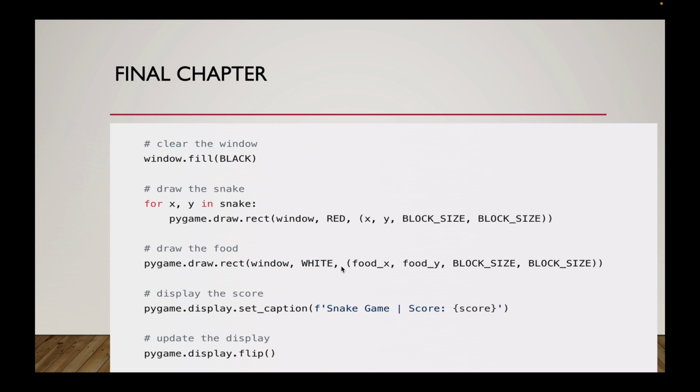Again here for food we are taking the color white and we are passing the coordinates food x, food y, block size and block size. Now display the game. This is the display method. So pygame.display.set_caption, f-string we are using to print the score, and pygame.display.flip. So that's all for this game.